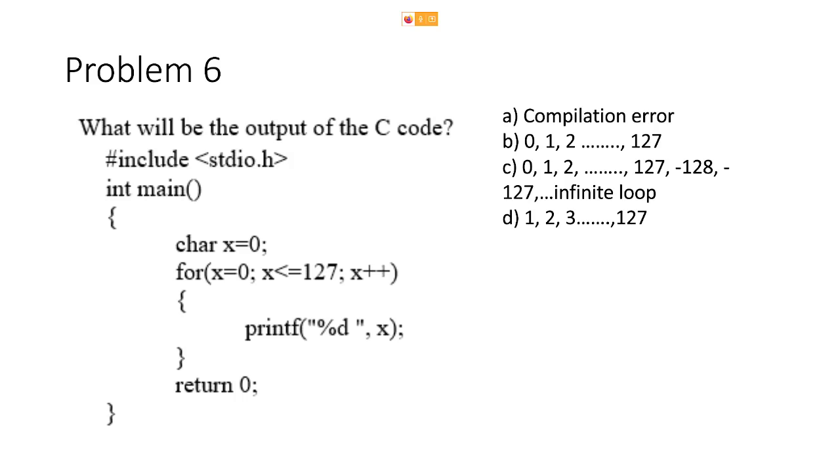Can you explain again? I missed the last line. x less than or equals to 127, 0 less than or equals to 127. Right, that's correct. Then x plus plus, that one is an increment, ma'am.